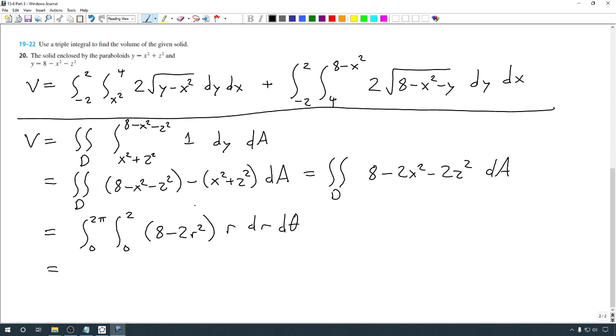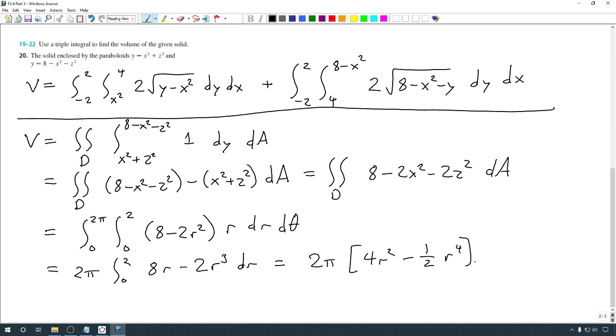Of course, there's no thetas in here at all, so actually the integral over theta just becomes a 2 pi on the outside. Looking at the integral from 0 to 2 of 8r minus 2r cubed. The integral of 8r minus 2r cubed is going to be 4r squared minus 1/2 r to the 4th, still from 0 to 2.